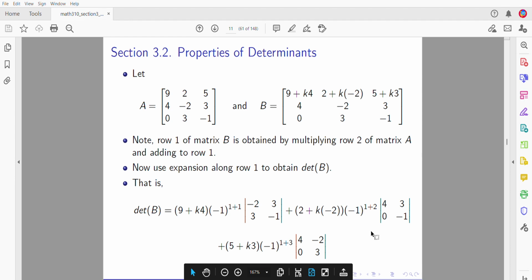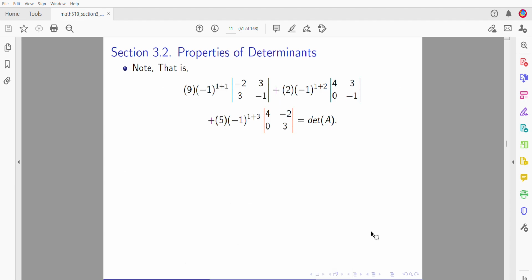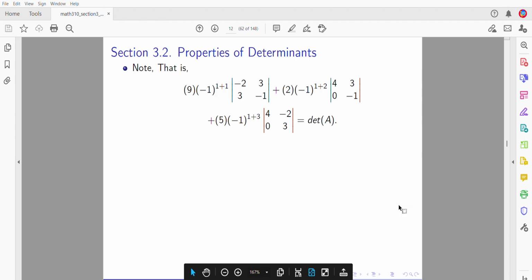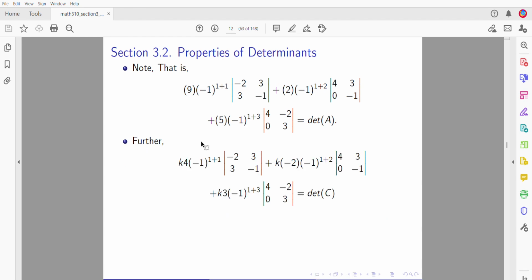So notice what happens. I am going to use first just the 9, 2 and 5 because by distribution I can do that. That fetches me determinant A. Now the K term, that is the determinant C.